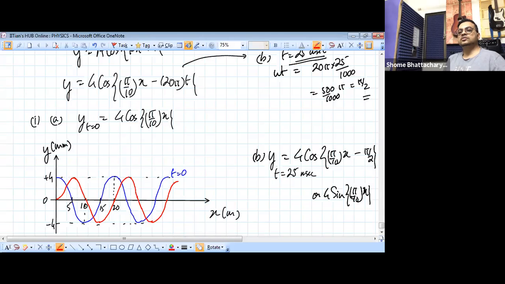This is how this whole thing is looking at t equal to 25 milliseconds. You can see the graph is shifting like this.